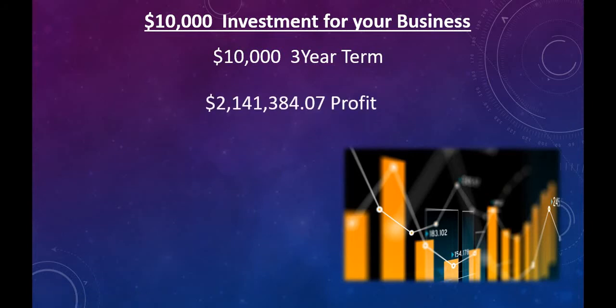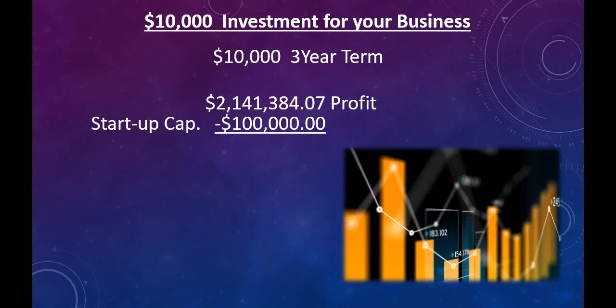Okay, so with this type of profit, we can go ahead and take out $100,000. Okay, and this is our startup capital. $100,000 startup capital. You'll be able to purchase what you need at ease.